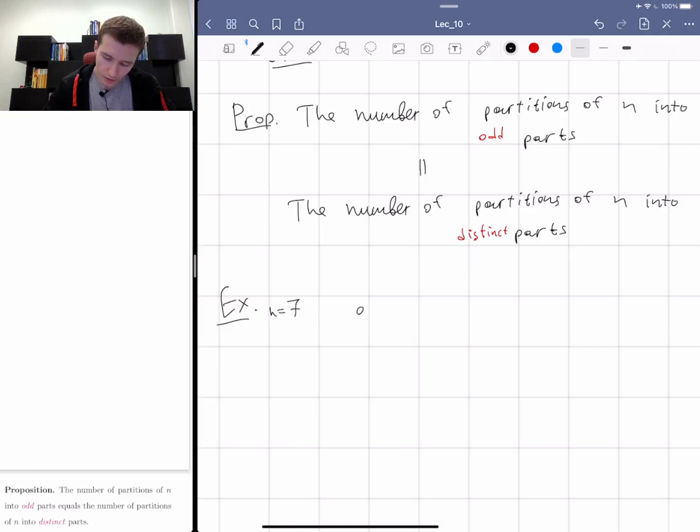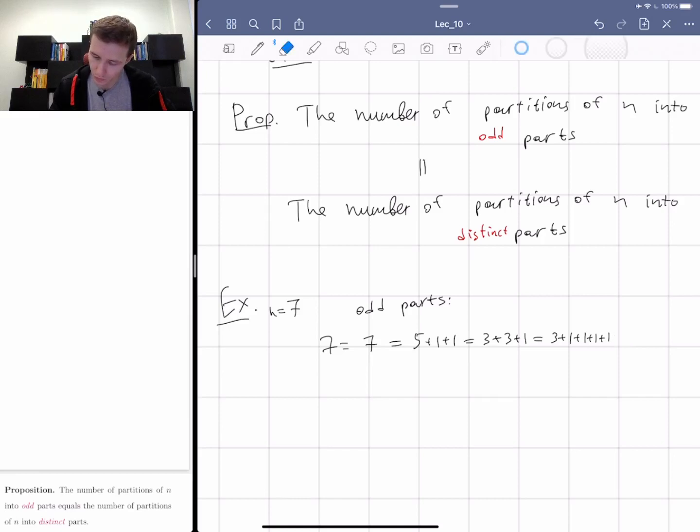Then odd parts: 7 is either equal to 7, or 5 plus 1 plus 1, or 3 plus 3 plus 1, or 3 plus 1 plus 1 plus 1 plus 1, or also 1 plus etc. plus 1. That's 1, 2, 3, 4, 5 ways.